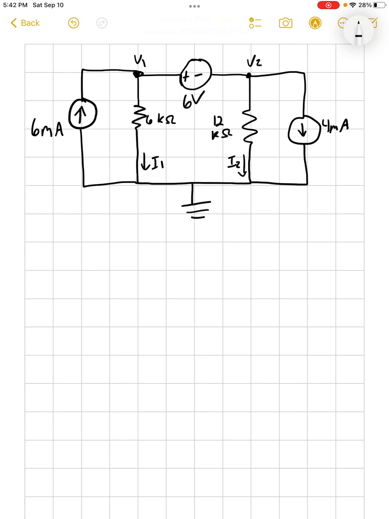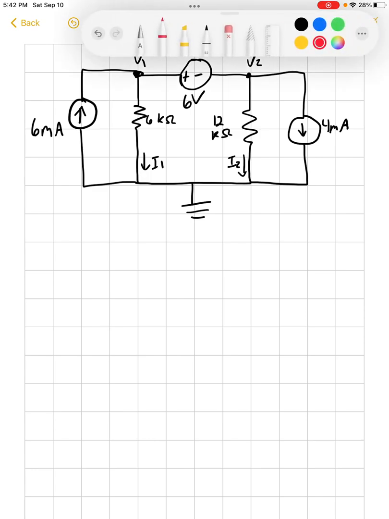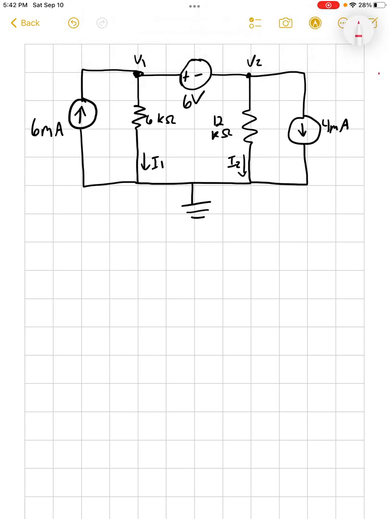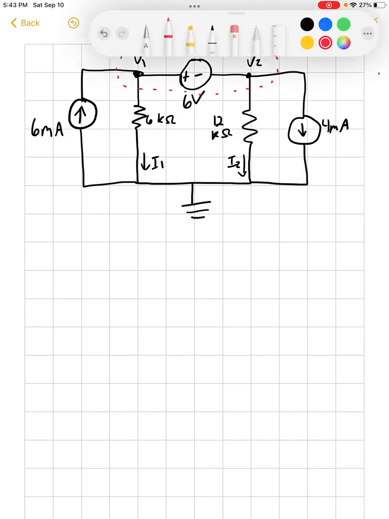What we're going to do is KCL, but we're going to do KCL for this here. We're basically going to group these together as one single node, and we're going to solve our KCL equations treating all of the currents that are coming into both V1 and V2 in one single equation.